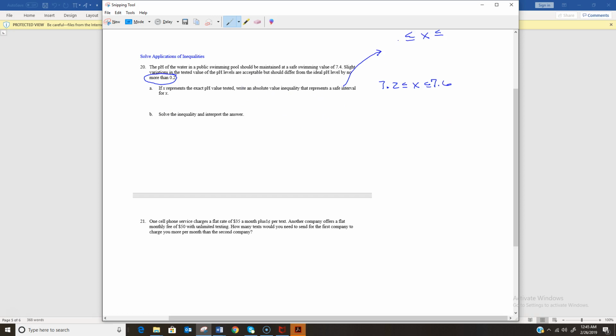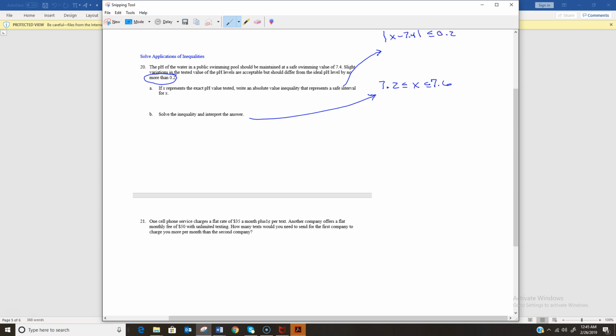I think this is kind of a very forced problem. This was supposed to be our answer for B, but what they wanted is that if you take the absolute value of x minus 7.4, that should be less than or equal to 0.2.